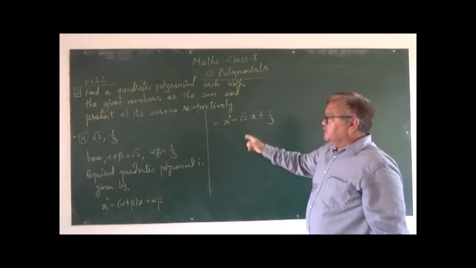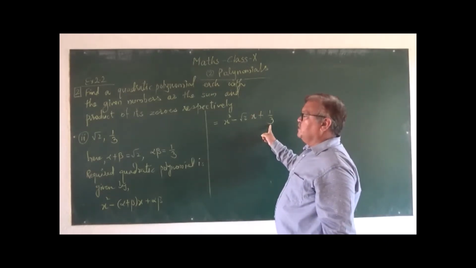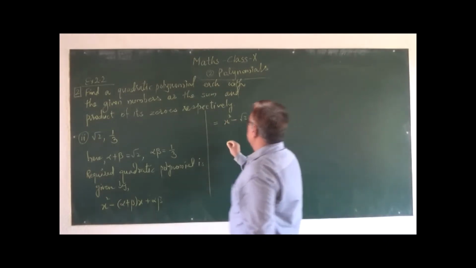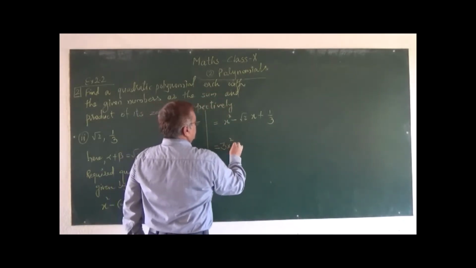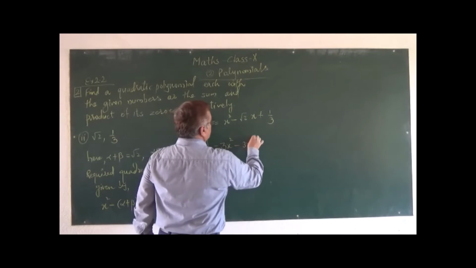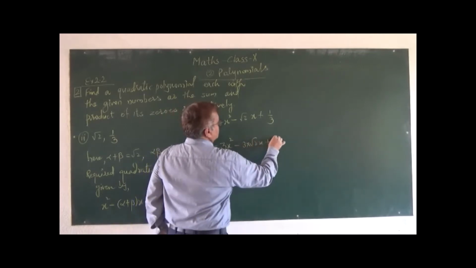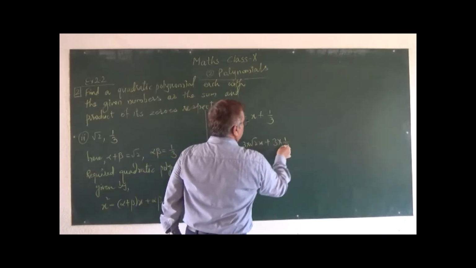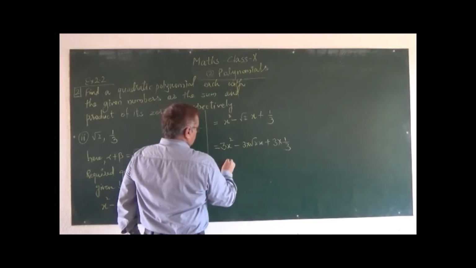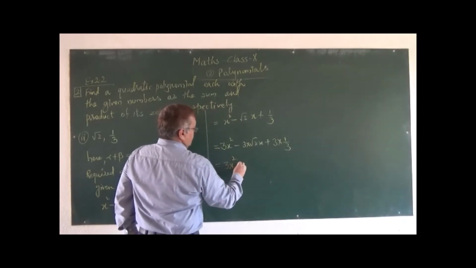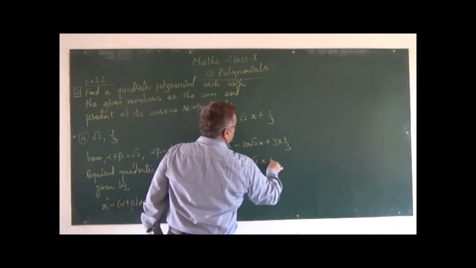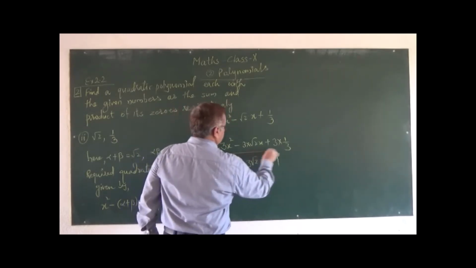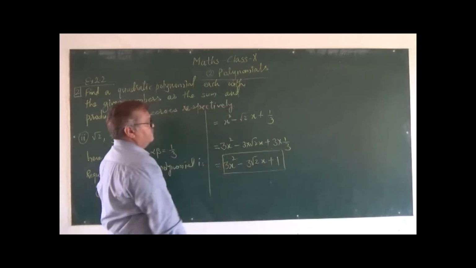You can further simplify. We don't want 3 in the denominator, so multiply every term by 3. So we get 3x square minus 3 root 2 x plus 3 into 1 upon 3, so 3x square minus 3 root 2 x plus 1. This is the simplified form.